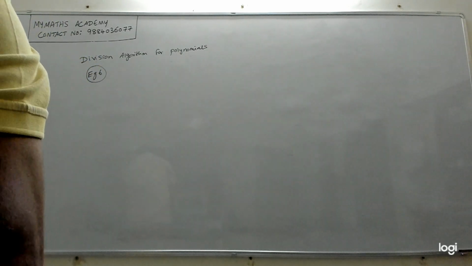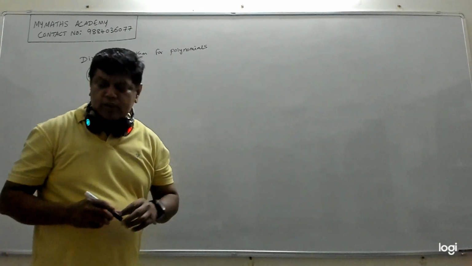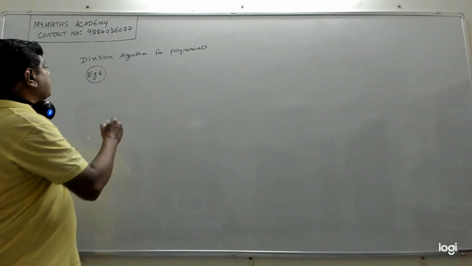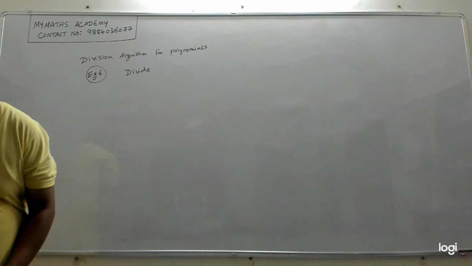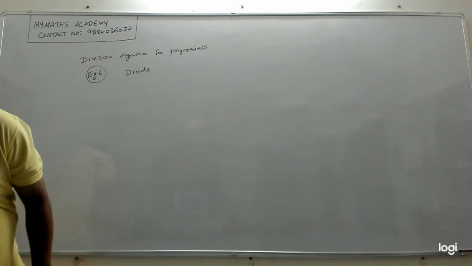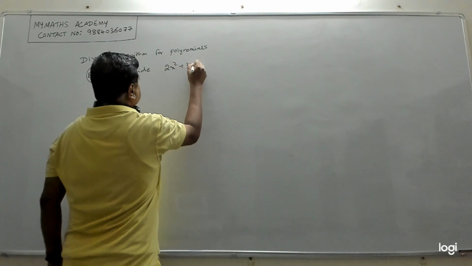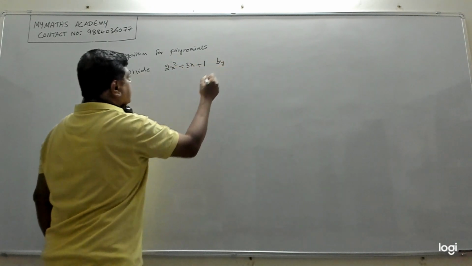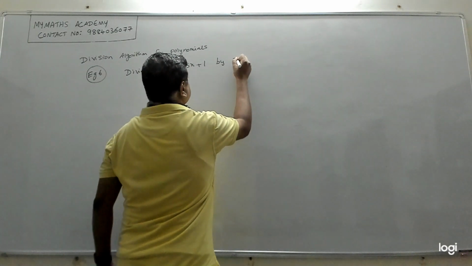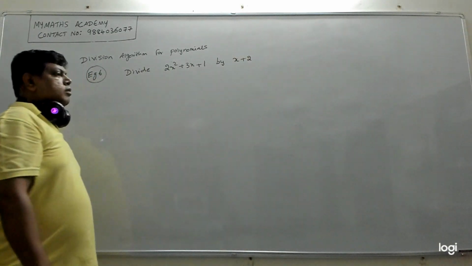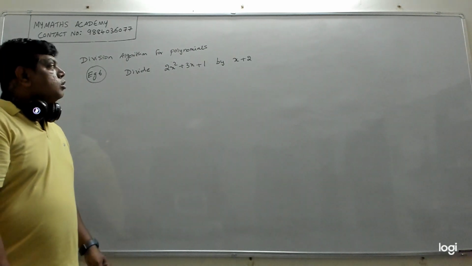In page number 33, we'll do example 6, wherein we are going to divide two polynomials. The question is: divide 2x square plus 3x plus 1 by x plus 2.